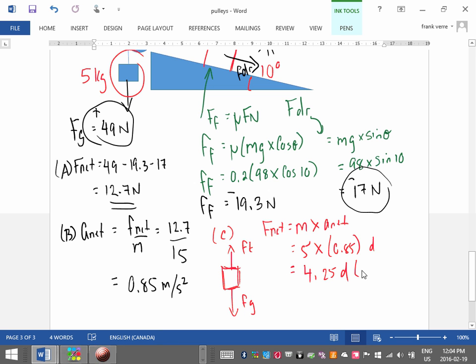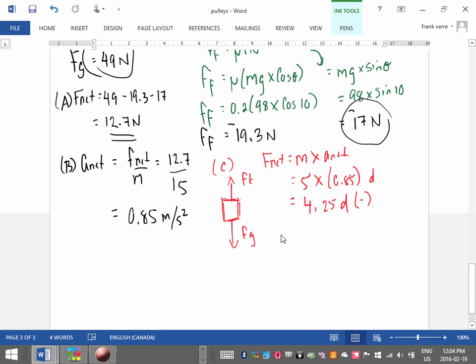Down being what sign? Negative. So when we consider what the tension is, we can say net force is the tension, because the tension is pulling up, minus the weight. The net force is down, so keep in mind it's going to be negative. So when we rearrange for tension, it's going to be net force plus the weight.